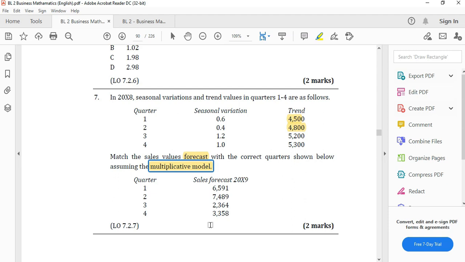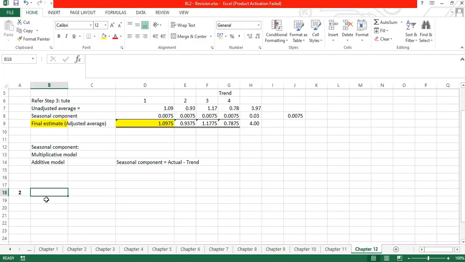Now they are asking to match the sales value forecast with the correct quarters shown below, assuming the multiplicative model. First of all, draw up the table of the multiplicative model when forecasting.